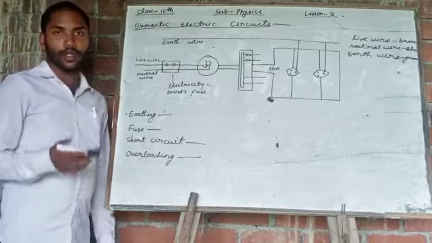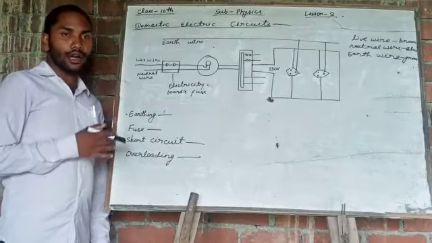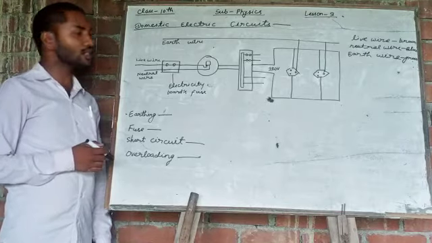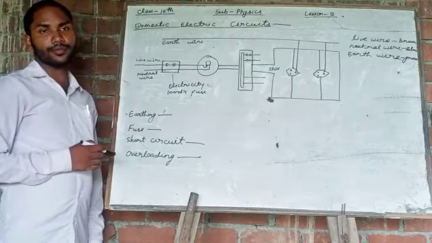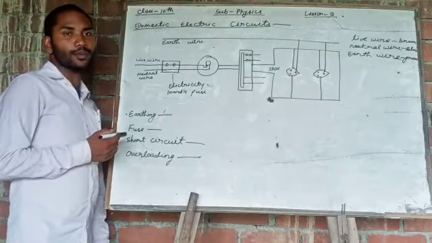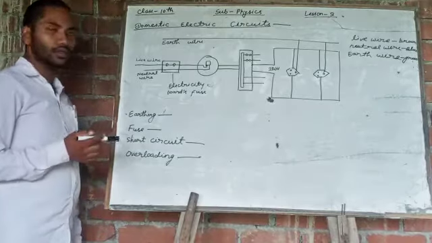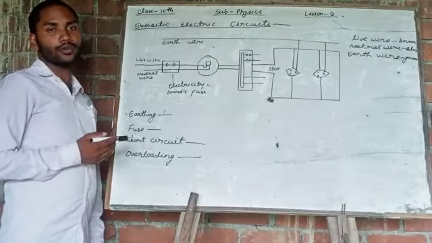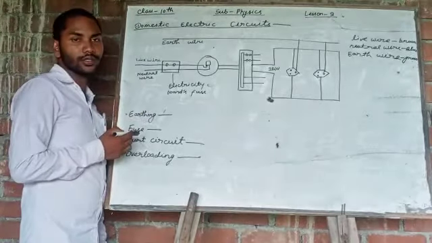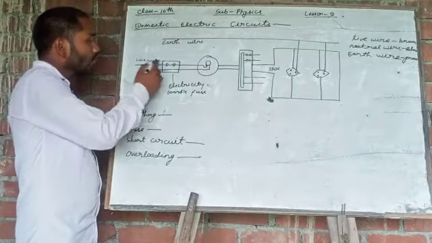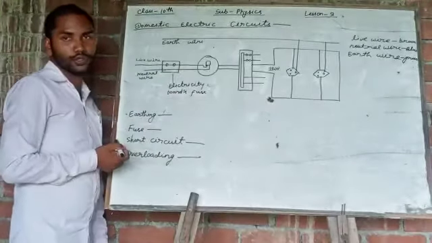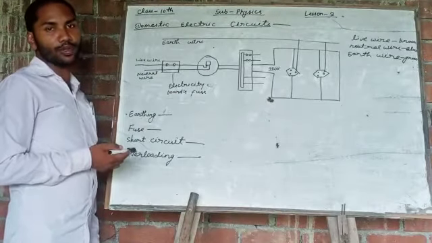So how does electricity come into our home? First of all, the electricity supplied from the substation is carried through overhead wires or cables, and this electricity passes through the electricity board fuse, also known as the pole fuse.